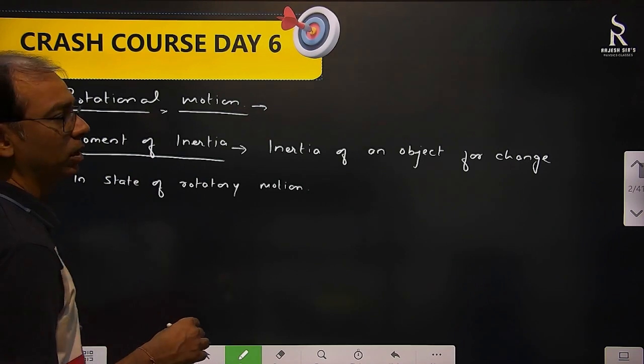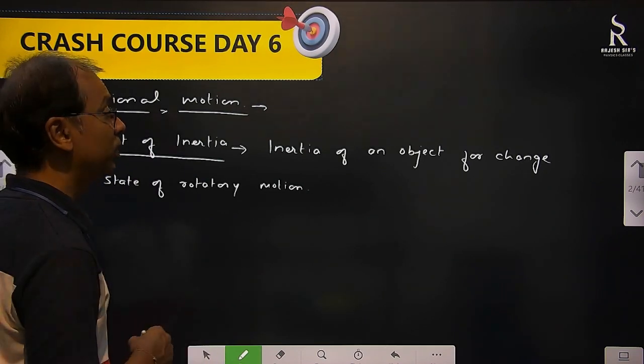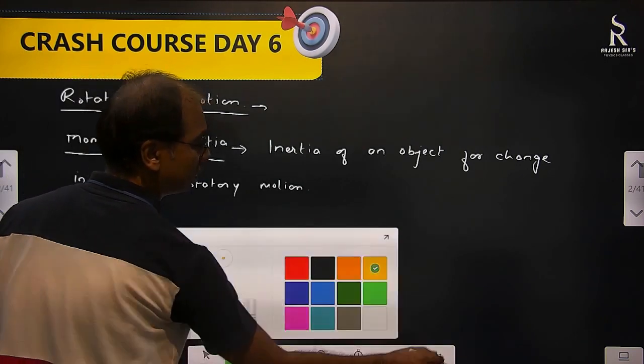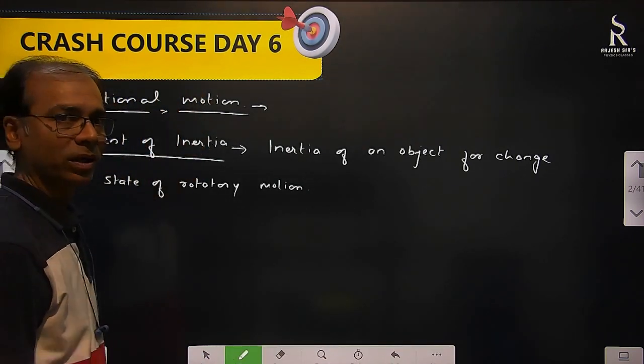Now how to define it, what does it depend on? Normally we said that inertia depends on mass. Moment of inertia depends on the distribution of mass around the axis of rotation.